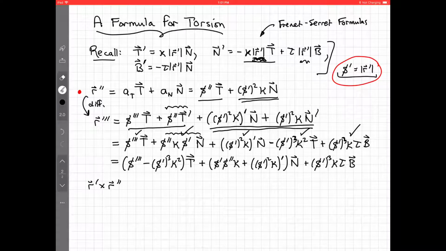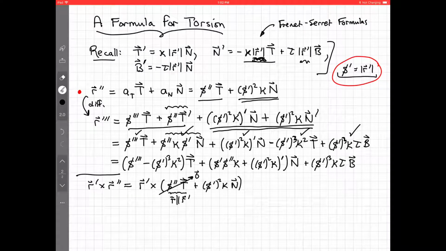Okay, we need that. So kind of on a separate track, this would be r prime cross, well, let's see, what is r double prime? According to our tangential-normal components of acceleration discussion, it's s double prime T plus s prime squared kappa N. But wait a minute, if you think about it, T is parallel to r prime, so when we cross product, that term goes away.